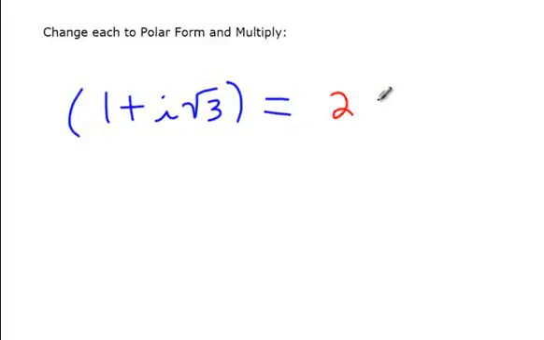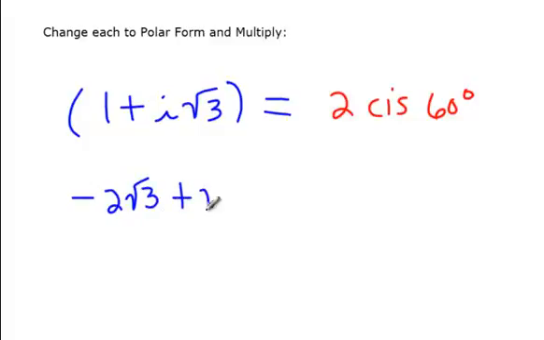The first one was 1 plus i root 3. If you convert that to polar form, 1 plus i root 3 is the same thing as 2 cis 60 degrees. And the other factor that we had was negative 2 root 3 plus 2i. If we convert that one to polar form, we get 4 cis 150.